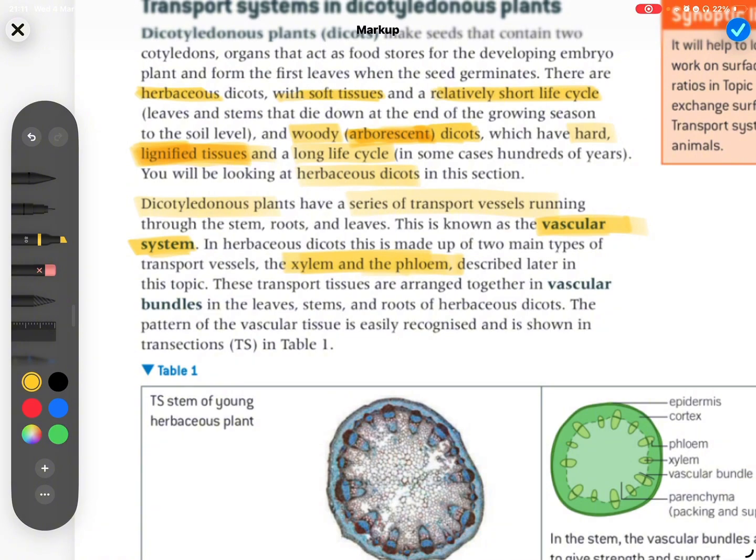So in the human, you've just got veins and arteries everywhere. In plants, it's a little bit more structured. So these xylems and phloems form in things called vascular bundles.